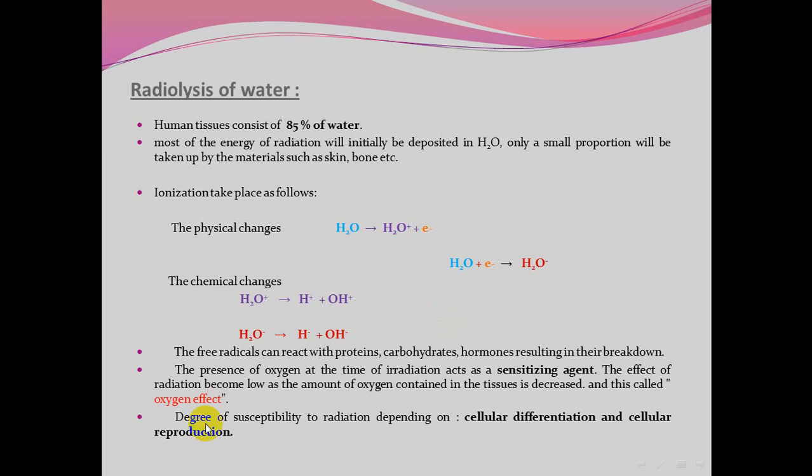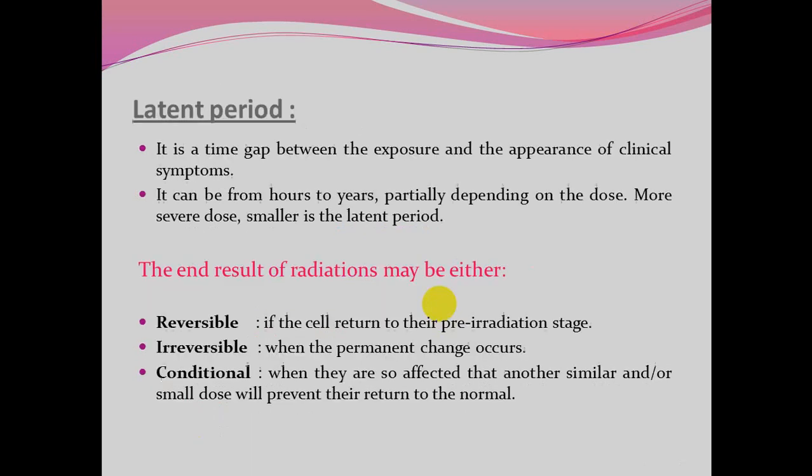Now we will talk about the latent period. What is the latent period? It's the period of time representing the time gap between the exposure to radiation and the appearance of the clinical symptoms. It can be from hours to years, partially depending on the dose.